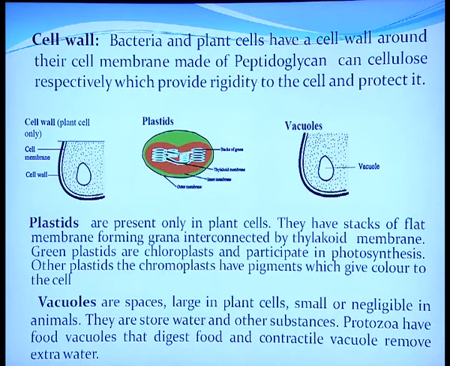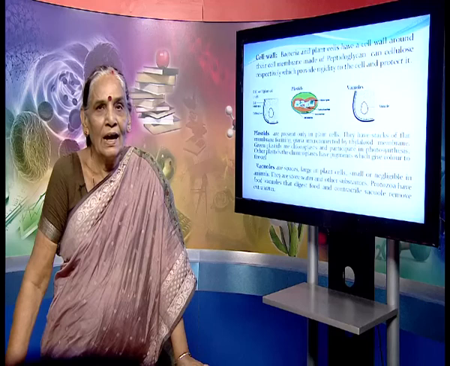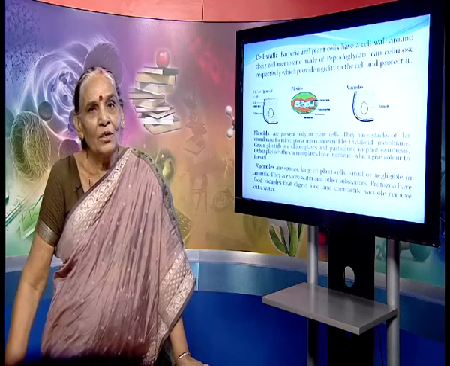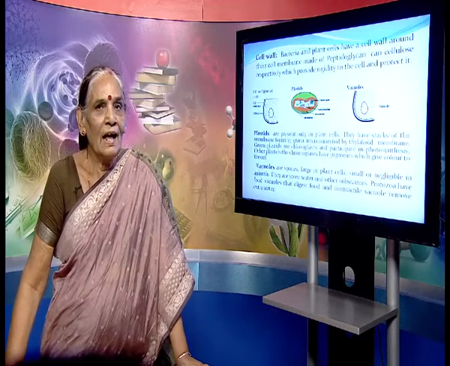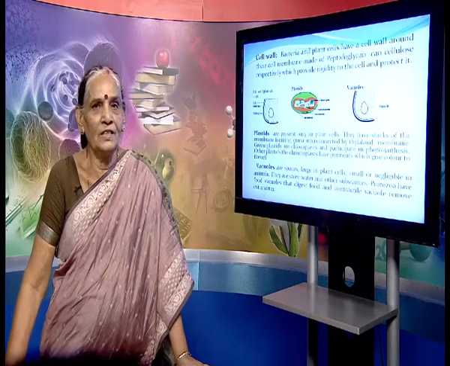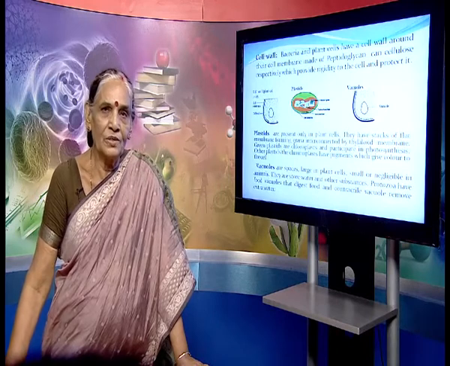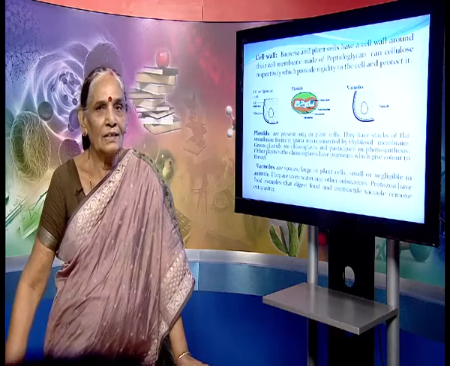Now, let us see how plant cells are different from animal cells. Animal cells have an organelle called the centrosome, which gives rise to two centrioles, and the centrioles give orientation to what is known as the spindle formation when we do cell division. You will learn that. Animal cells alone have the centrosome from which centrioles arise. Plant cells have three different things which we do not find in animal cells.